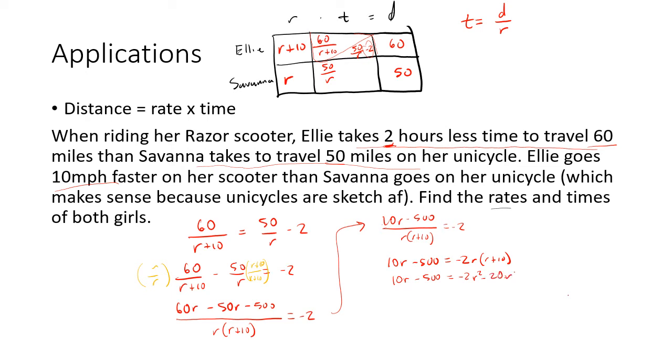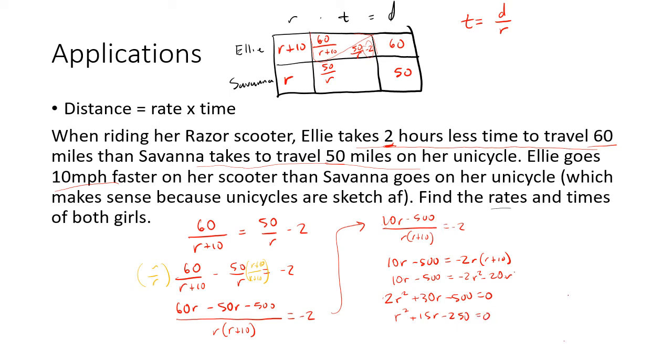Let's move everything to the left side to make things positive: 2R squared plus 10R plus 20R, which is 30R, minus 500 is equal to 0. All of this is divisible by 2, so R squared plus 15R minus 250 is equal to 0.